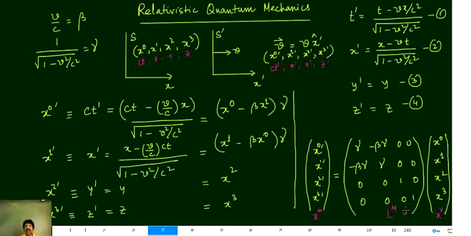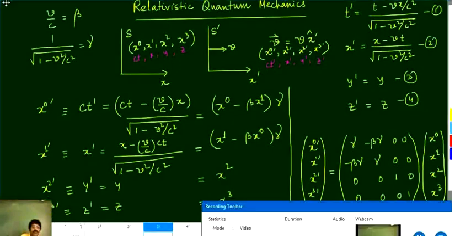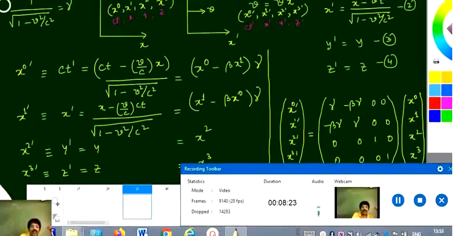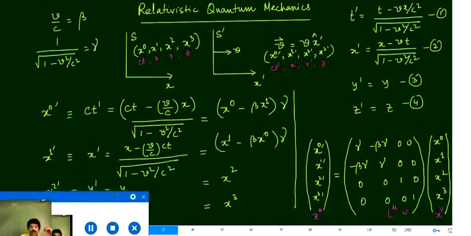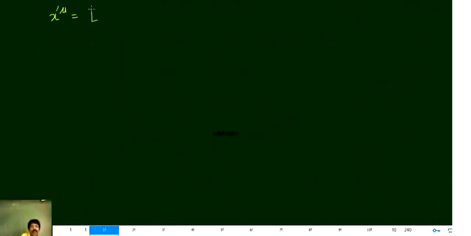If you write it in tensorial form, it looks like this: x mu prime equals L mu nu x nu.